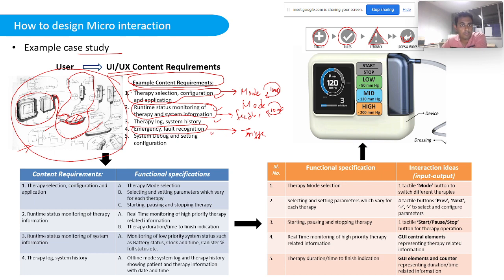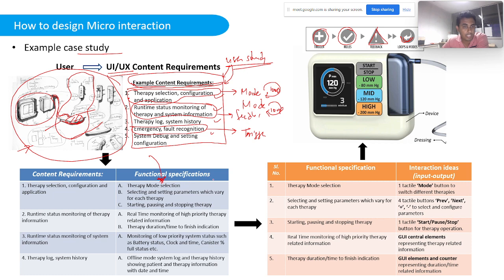So first, based on these requirements, which are part of user requirements, these are basically the consolidated information from user study. Some of the requirements were later converted into functional specifications. Once we have a functional specification, the ideas which are initially very abstract in nature are getting more clarified and are becoming more concrete in nature.